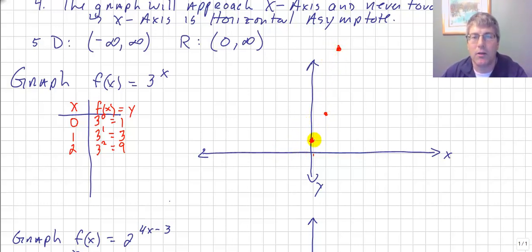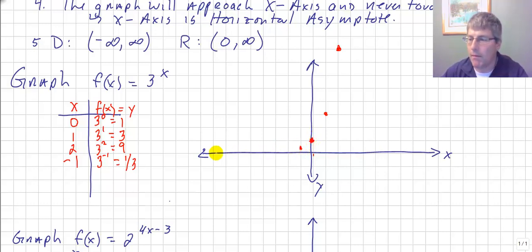So let's see what happens here. We know our outputs are going to get closer and closer to the x-axis as x decreases, and clearly we're going further and further away as x increases. Let's see what happens when x is negative 1, which gives us 3 to the negative first power, which is 1/3. So when we input negative 1, we output 1/3.